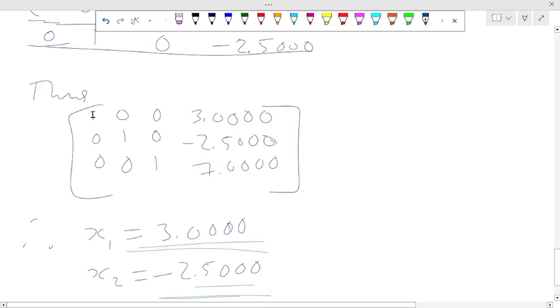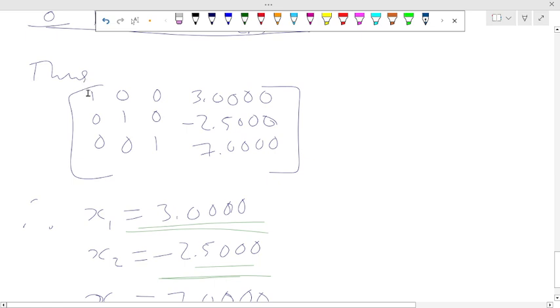matrix. Now if you look at it, you see on the diagonal you have 1, 1, 1. This is an identity matrix. And if you think of it, this is x1, because 1 times the x1 term here is x1. x1 plus 0 is the same as x1, equal to this.